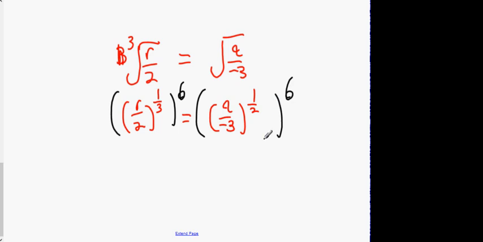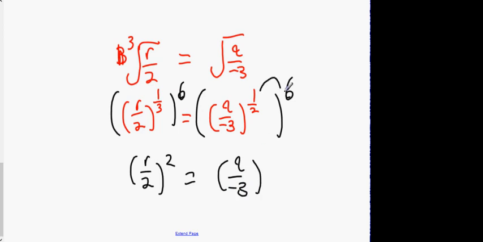Okay, so let's see what happens here. So we're going to have r over 2 to the power of 2. And then we're going to have q over minus 3 to the power of 3.